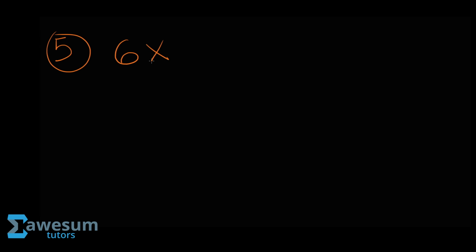6 times 2 whole number 1 over 6. How do I solve this problem set? You will agree with me that I can rewrite this problem set as this. 6 is a whole number, which is the same thing as 6 over 1, right?